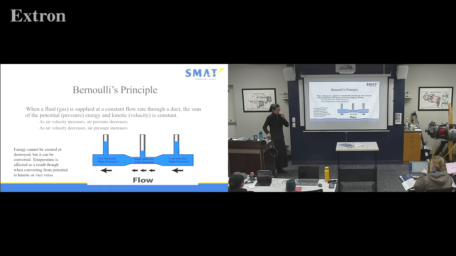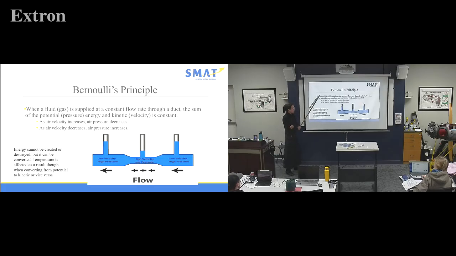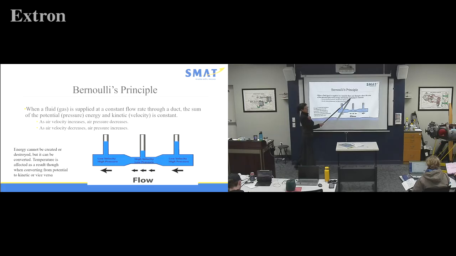When a fluid or a gas, is a gas considered a fluid? Yes. When it is supplied at a constant flow rate through a duct, the sum of the potential energy, like Amanda talked about in the balloon, if you think of our pressure, that's potential energy, and velocity is our kinetic energy, the sum of those is generally constant.